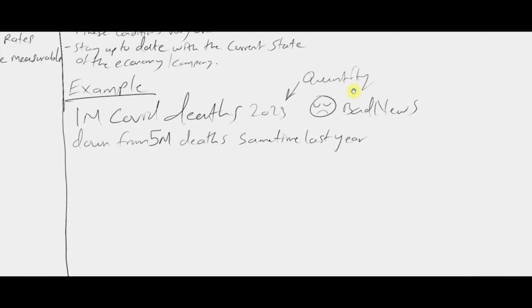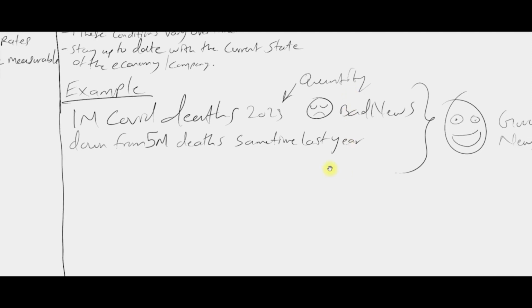What I want you to see is the situation is still bad, but it's not as bad as it was the same time last year. So this new release will change the whole scope of the data, and it'll turn out to be good news. Let's put an emoji here. This whole statement now is good news.